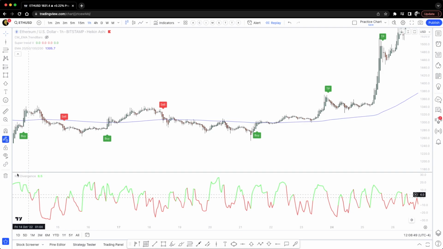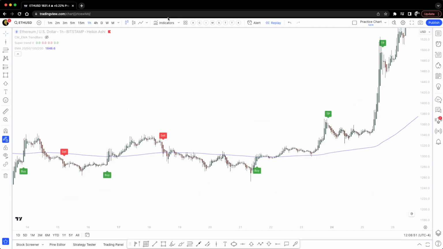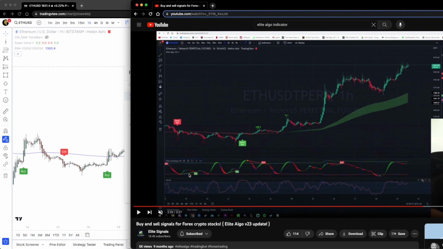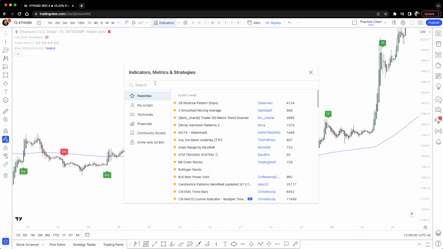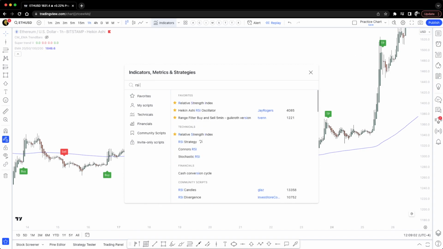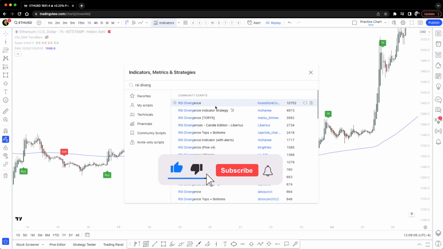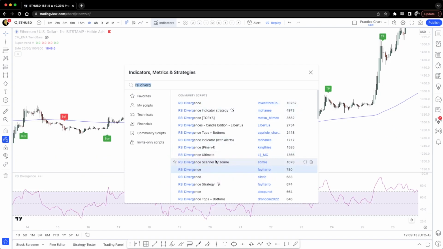It doesn't show you, so I'm looking for something that is going to show you the actual divergence, as he is showing right here. But I believe I actually found one. Let's see this one. Yeah, it's not showing. Let's see.